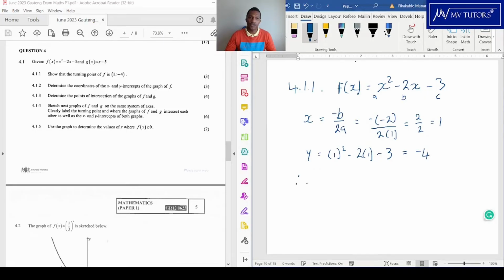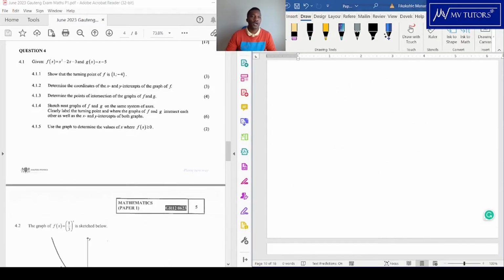Therefore, the turning point is the coordinate 1 and minus 4. Well, you don't really have to put the equal sign, but it is. That's it.